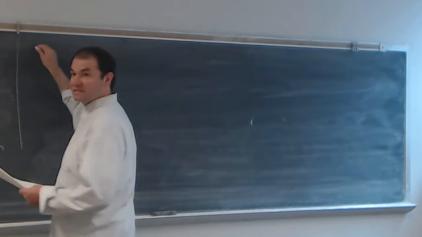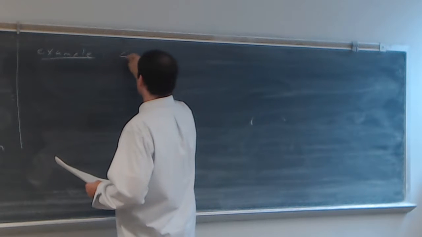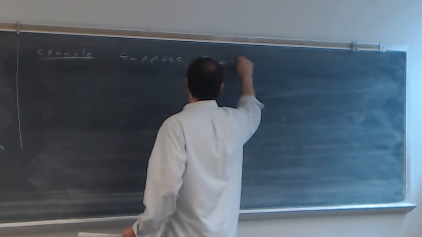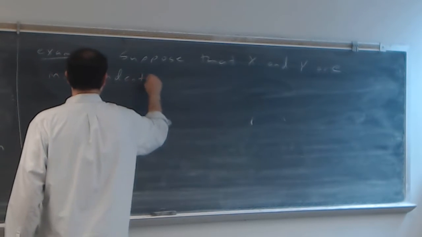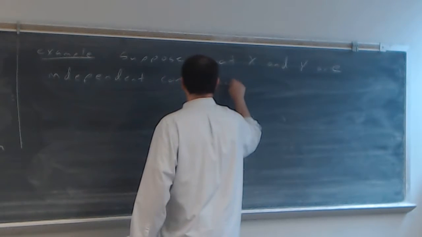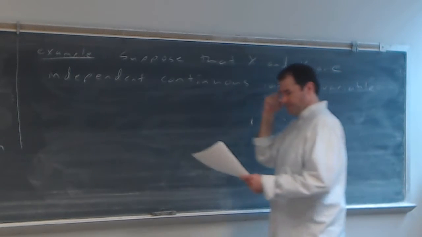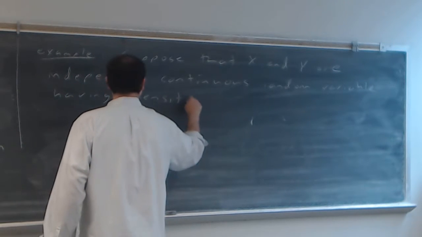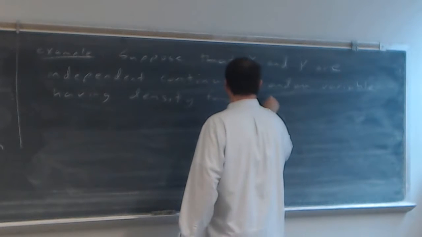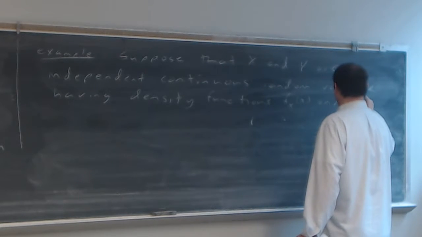Okay, so as an example, suppose that X and Y are independent continuous random variables having density functions f sub X and f sub Y of y respectively.